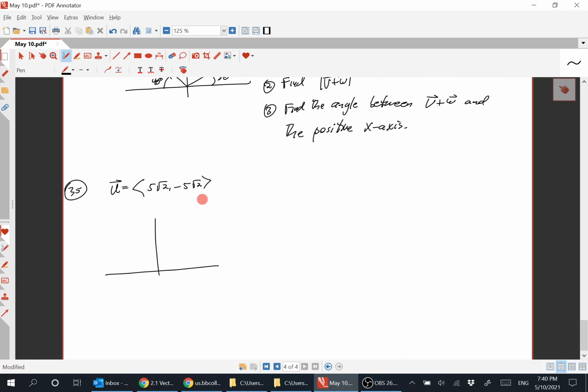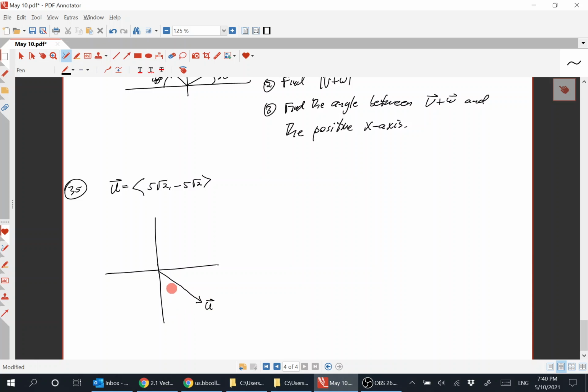Right, so the x coordinate is positive, the y coordinate is negative, and they're the same, right? x and y coordinates are the same, so here it is. It makes a 45 degree angle in the fourth quadrant, because that's where the y coordinate is negative and the x coordinate is positive.